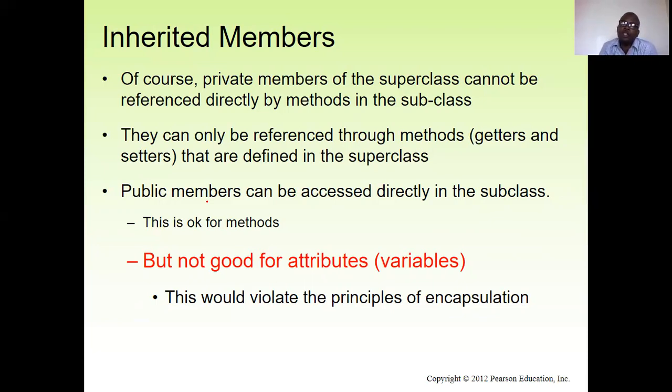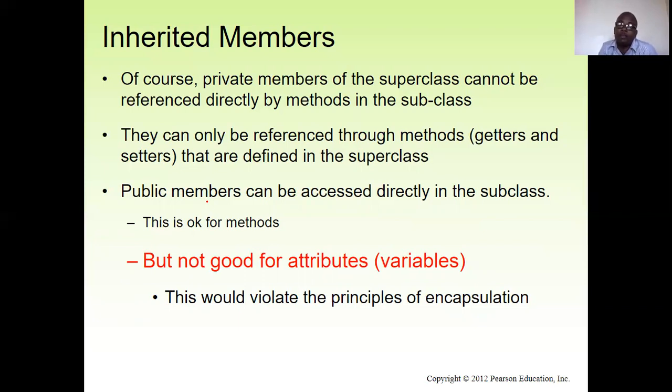So first thing to note is that private members of the superclass cannot be referenced directly by methods in the subclass. So even if the class inherits from the parent, you cannot access the private members without using the getters and setters because they are private. Okay? They can only be referenced by methods, which are generally public.